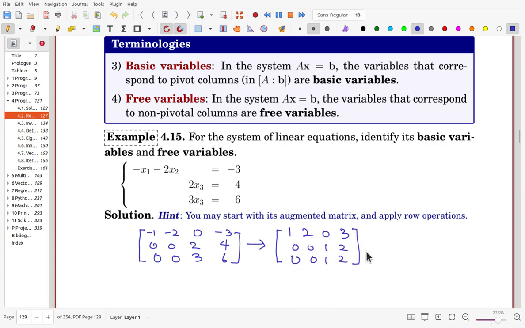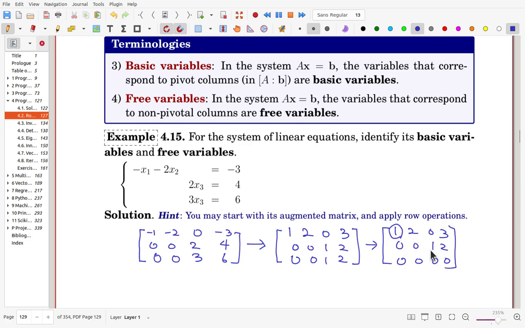So here we can eliminate the bottom row. Let's rewrite: 1, 2, 0, 3, 0, 0, 1, 2, 0, 0, 0, 0. Okay, so here we found the reduced echelon form.